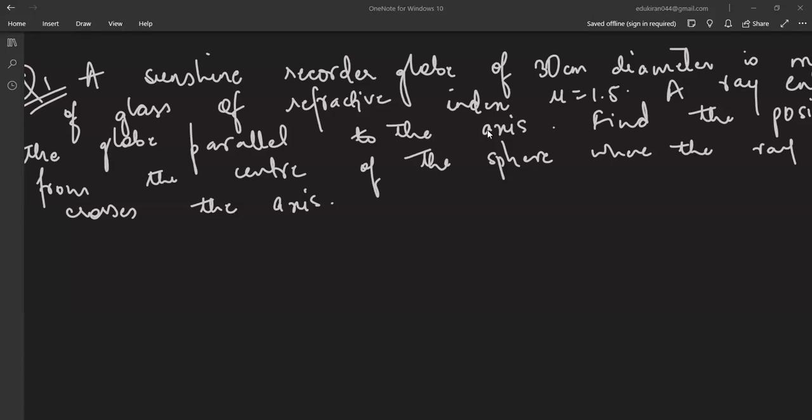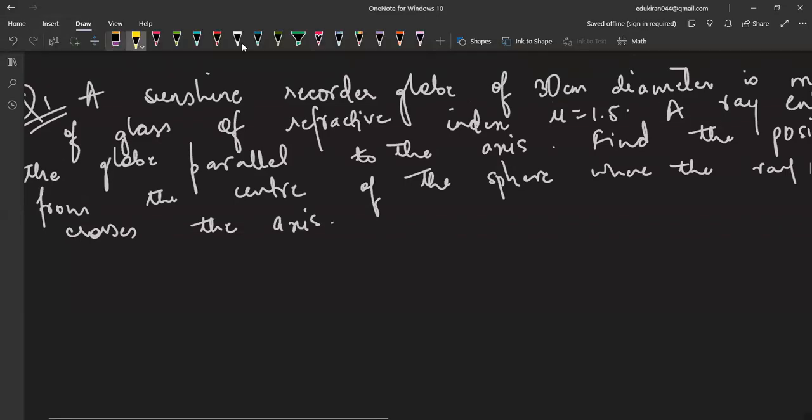Okay. So yes, I hope you have written the question. We stopped at the formula for spherical lenses, right? So see, let me draw the figure first.